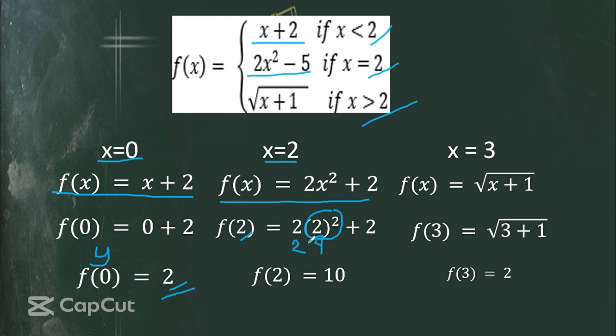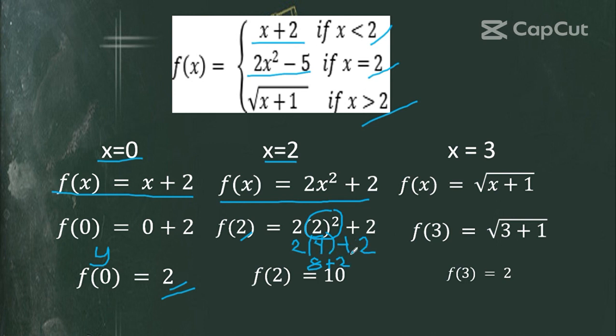Then, multiplication over addition, we do first multiplication. 2 times 4 is 8, then plus 2. So, don't mix them up, because you might do 4 plus 2 first before multiplying by 2. It's different, so make sure to do multiplication first before addition.